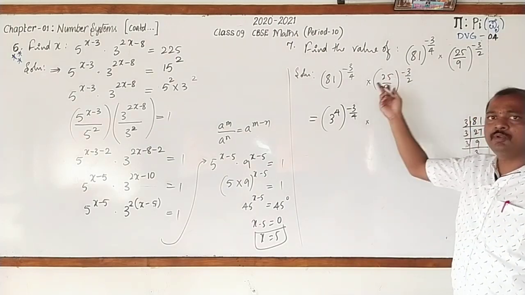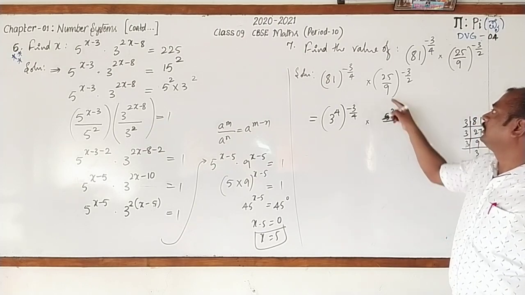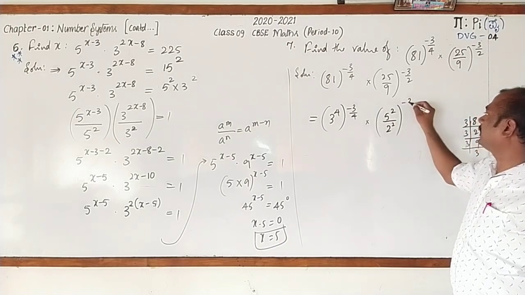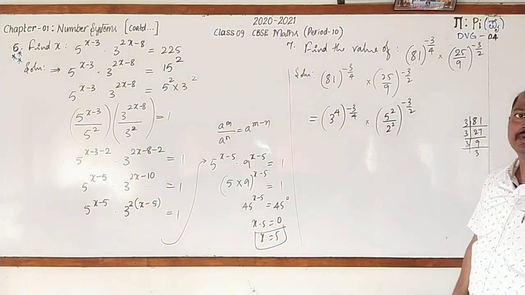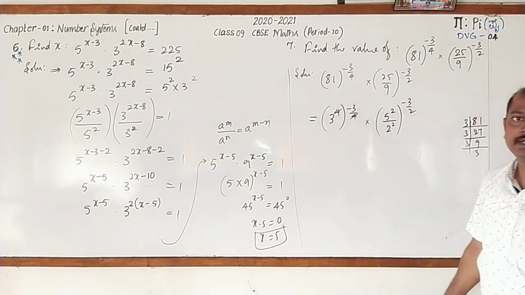into 25. We know that it is a perfect square. It is 5 square. 9 is also perfect square. 2 square whole raised to the power minus 3 by 2. Understood? Now here 4 and 4 get cancelled.